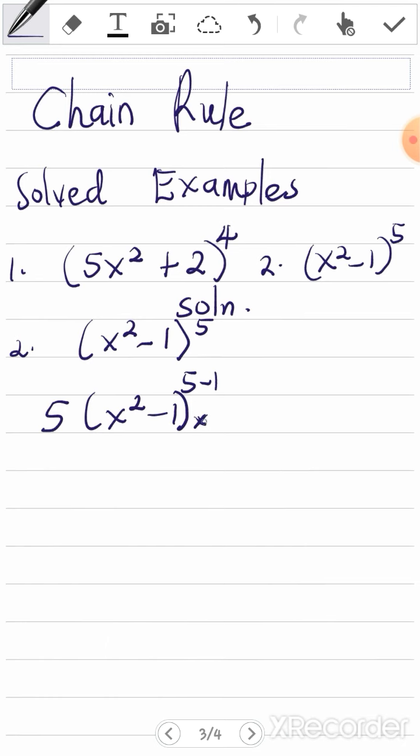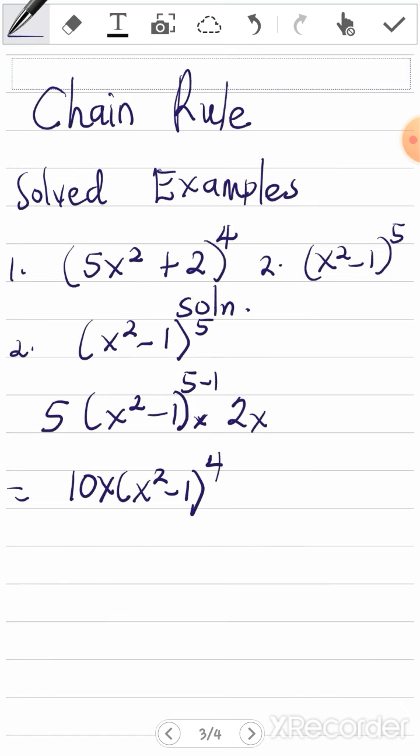Then you multiply by the derivative of the expression in the bracket, 2x, because when you differentiate x squared minus 1 you get 2x. After simplifying, you're going to get 10x times x squared minus 1 to the power 4. This is what I'm going to get for this.